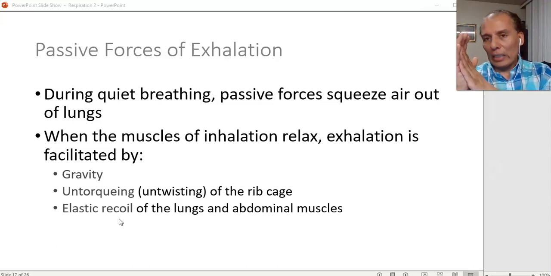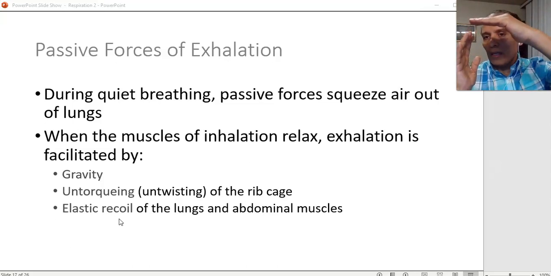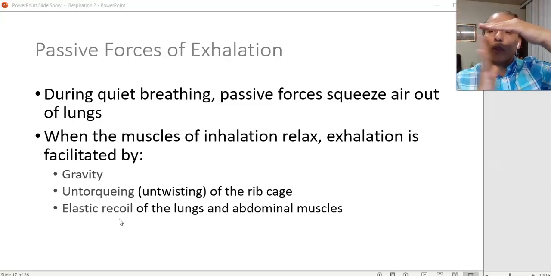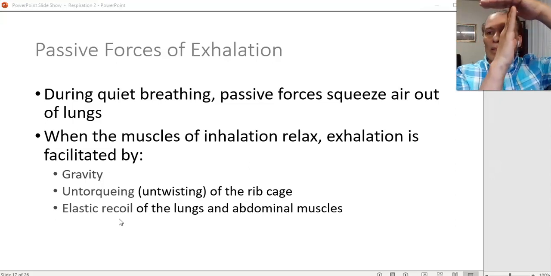Because of elasticity, when the diaphragm rises, the muscles of the abdomen become vertical again. They are compressed in again. They go back. As they go back, they push on the abdominal organs, and that is going to assist the diaphragm as it goes up.